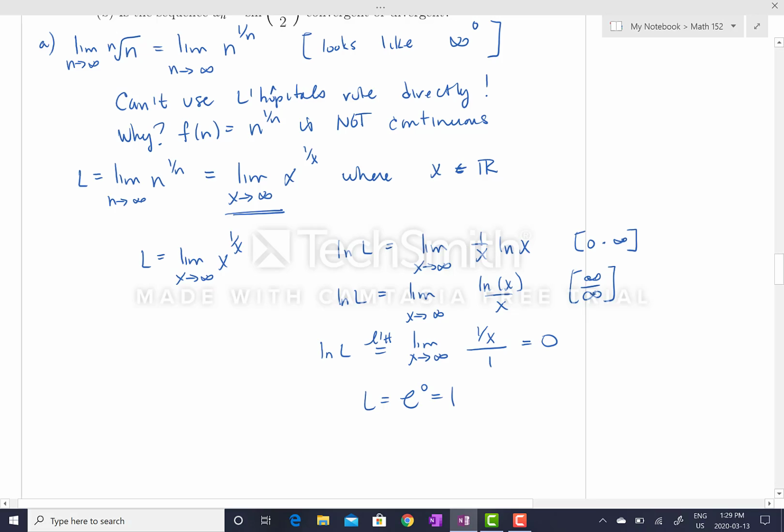Okay, now we have it done for the continuous case, and then we are extra careful.